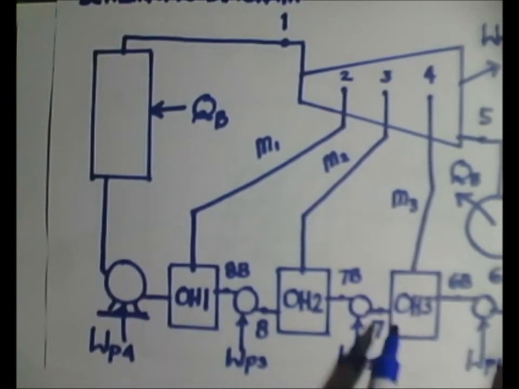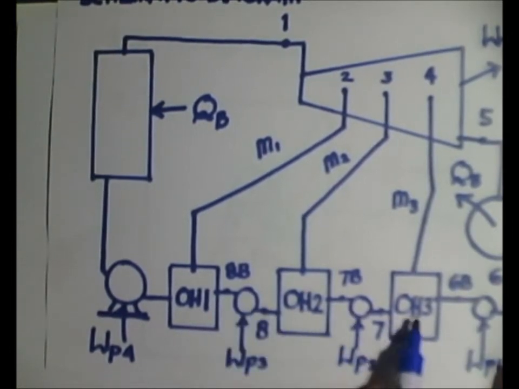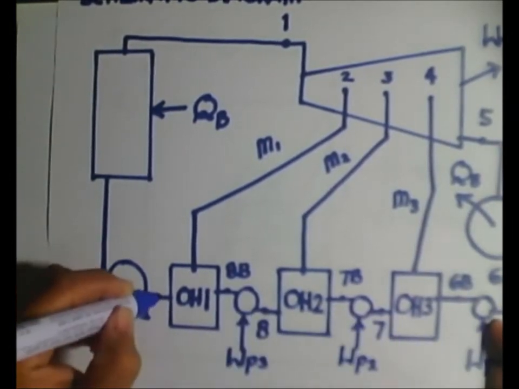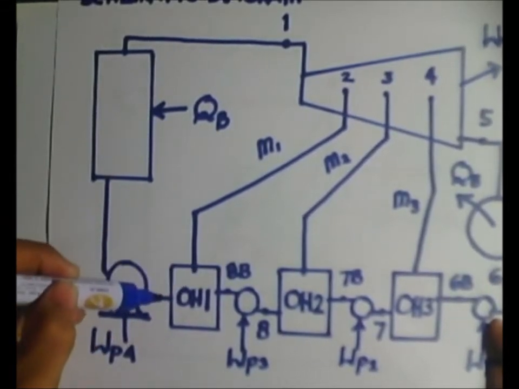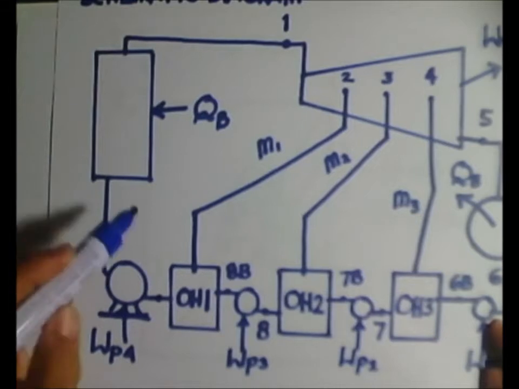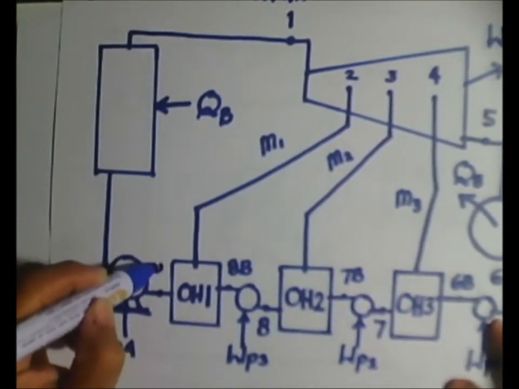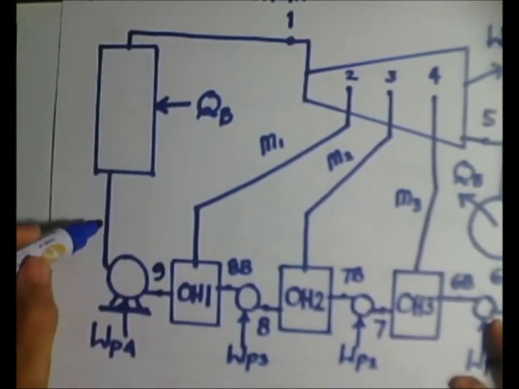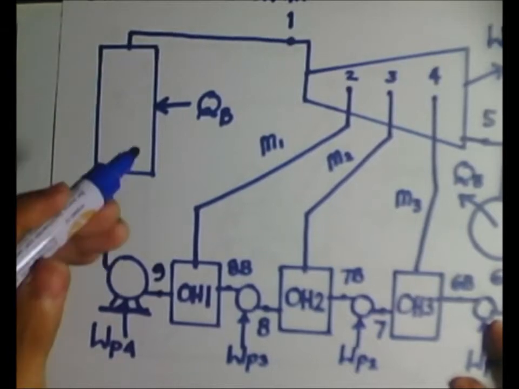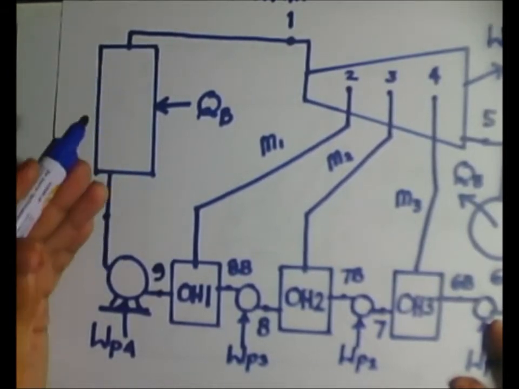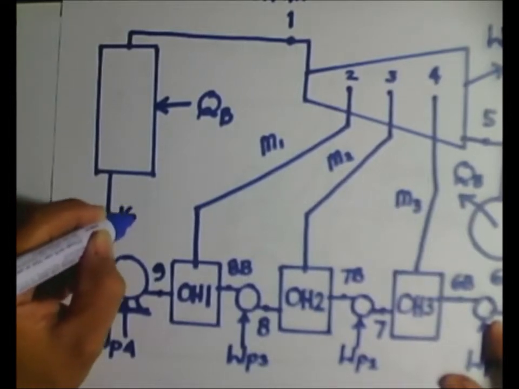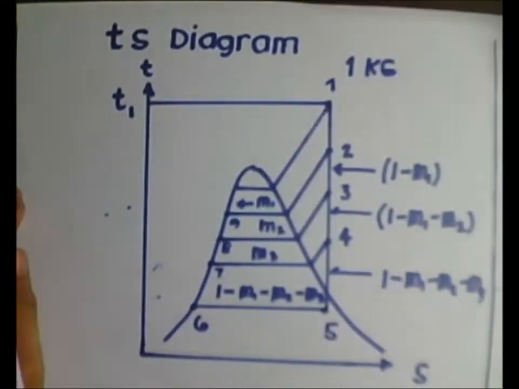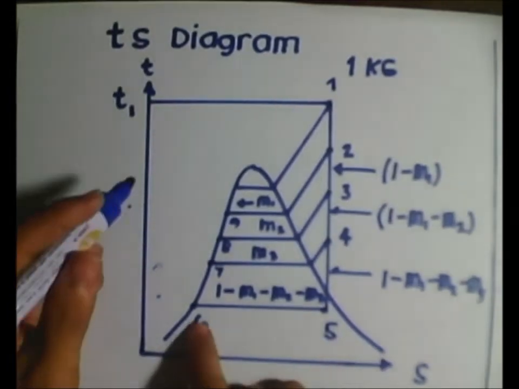So pumps and the open heaters. By the way, after 8B here, the point before the main pump is number 9 in this drawing, and the point after the pump as it enters the boiler will be called point 10. So we have that here.